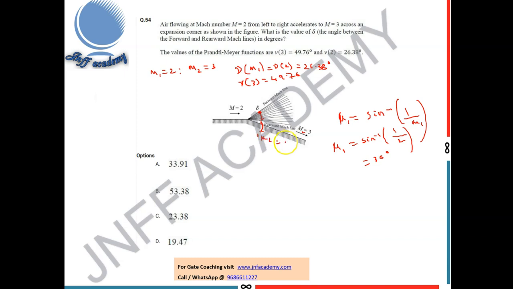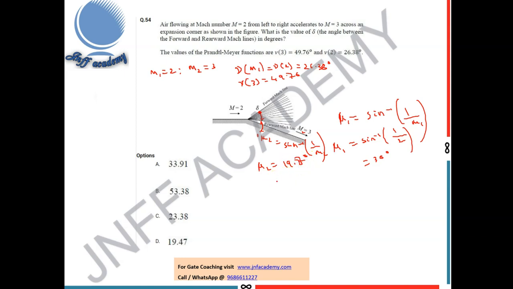So mu2 is equal to sine inverse of 1 by M2. M2 is equal to 3, so mu2 will come close to 19 point something. You can put it in the calculator, it is coming close to 19.47, sorry, 19.27.